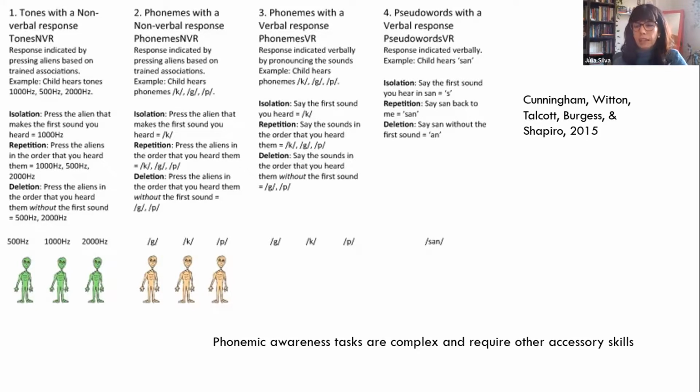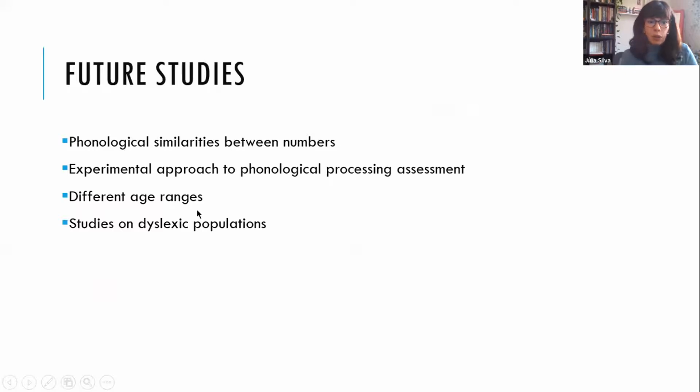For kindergartners, you can, for instance, try to deal with rhyme, but for children in elementary school, this task might be a bit too easy, so it's hard to disentangle the other components and think of a pure phonemic awareness task. So I think that in future studies, it will be important to think about experimental approaches to assess these phonological processing skills, maybe such as phonological suppression somehow.